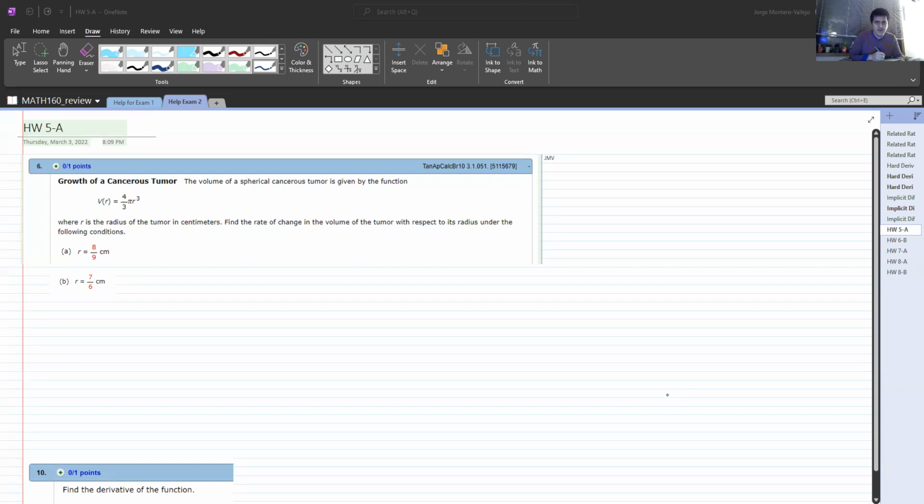It's not, because the main difference is that this problem involves a function that doesn't depend on time. We're just talking about the radius and the volume of the spherical tumor.